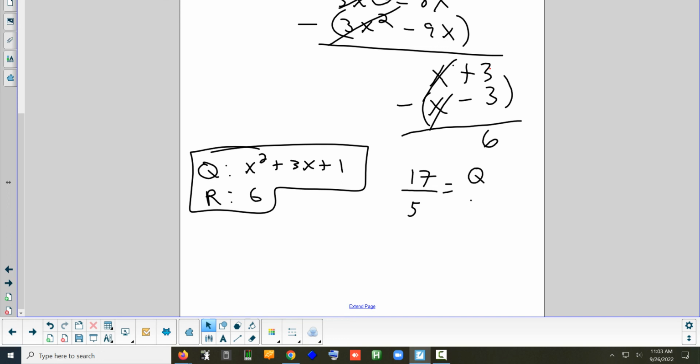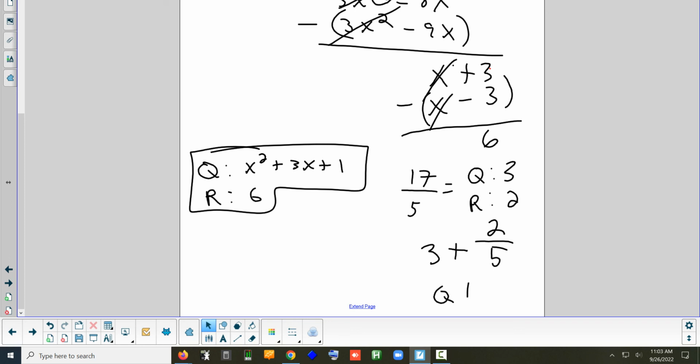What's the quotient here? 3. And what's the remainder? 2. So another way you could write that answer is quotient plus remainder over the original denominator. 3 plus 2/5. Or we could say the answer to that problem is 3 2/5.